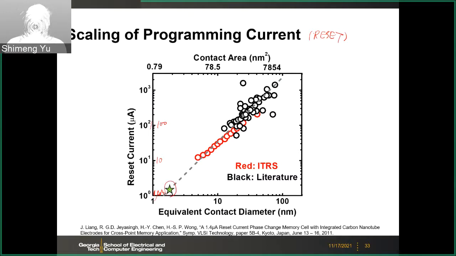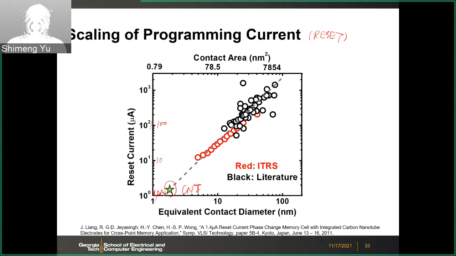And this star is what we discussed in the previous slide, reached by the carbon nanotube electrode. If you can make the contact diameter 2 or 3 nanometer, you can get down to close to 1 micron. But today's lithography, the smallest you can do is like 10 or 15, around that range, right?